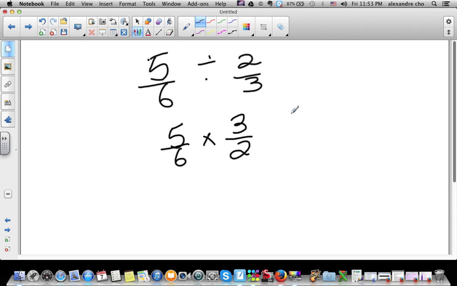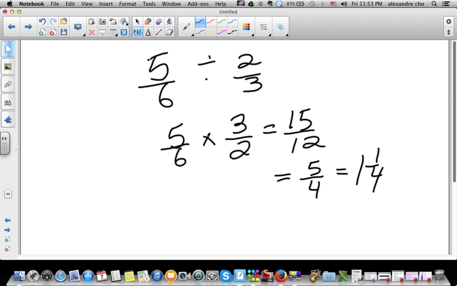And if you multiply this out, you get 15 over 12. You can simplify now, or you can simplify after you change to a mixed number. I think it's easier to do it now. Divided by 3 is 5, divided by 3 is 4, which gives you 1 and 1/4. Okay, that's that. And so if you can do these questions, you should be very, very okay on the test.